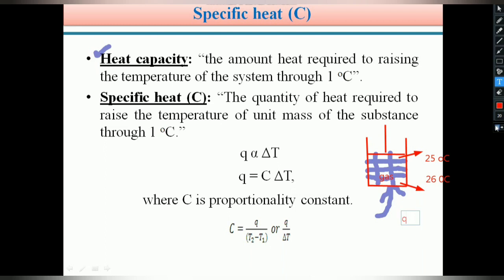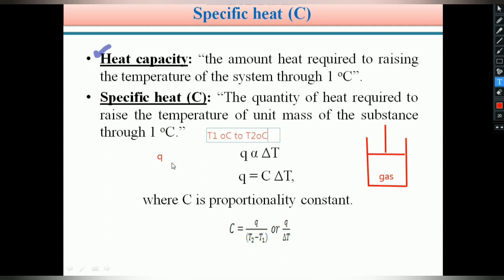So students, here we concentrate on specific heat because we can develop new relations from it. In specific heat, in order to raise its temperature through 1 degree centigrade, let us assume Q amount of heat is given to the system. So the system or substance temperature is raised from T1 degree centigrade to T2 degree centigrade.